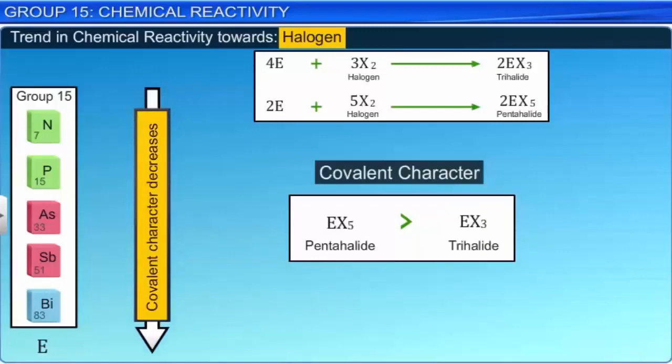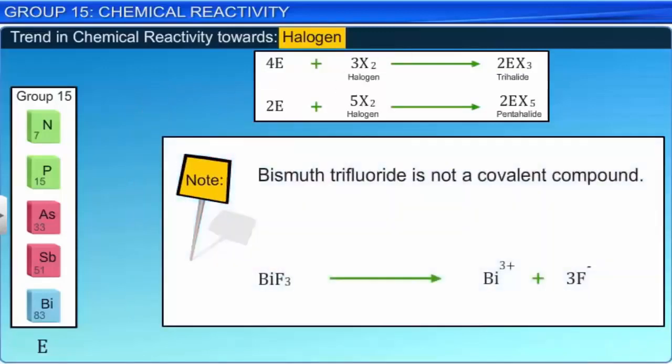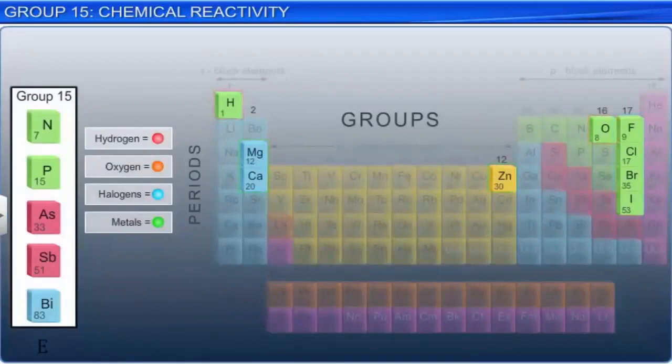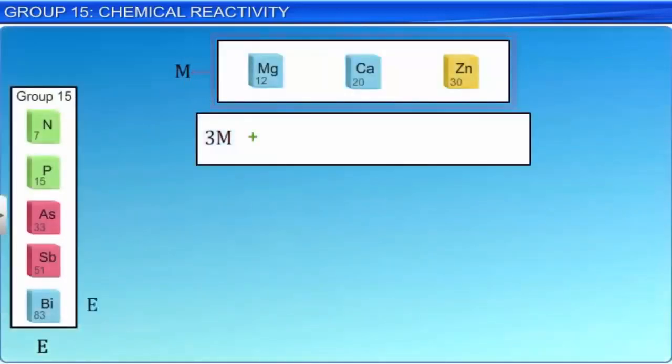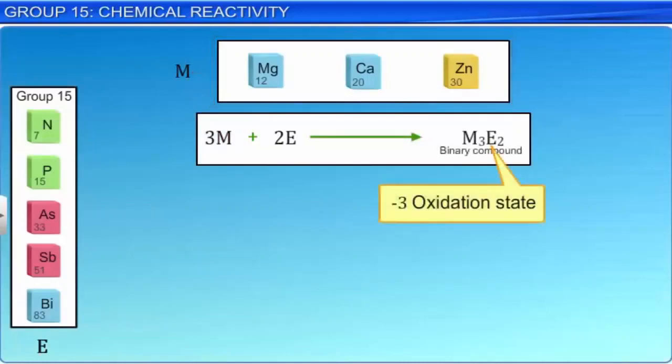compound. All the elements of group 15 react with metals to form their binary compounds, showing -3 oxidation state, with the general formula M3E2.